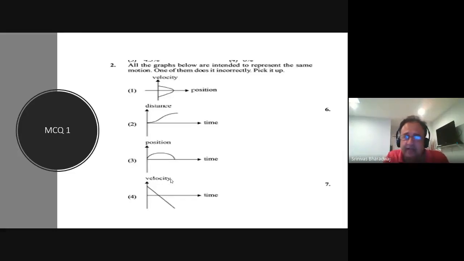So this is the constant acceleration curve. If you make this negative, then it is decelerating, okay? So it slows down, stops, and then decelerates. So that is exactly 4, okay? 3 is the position versus time curve corresponding to 4.